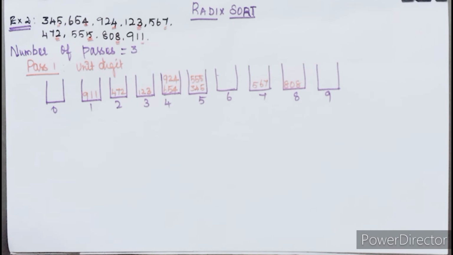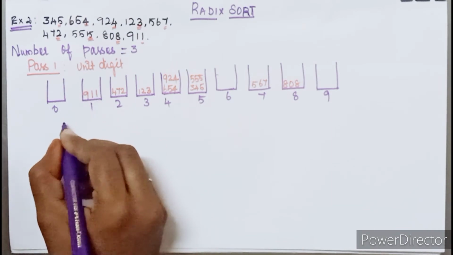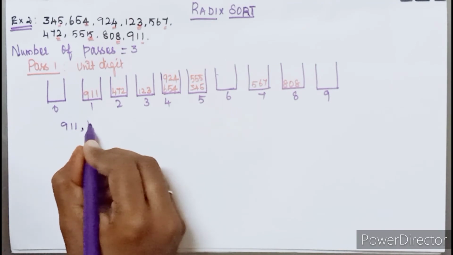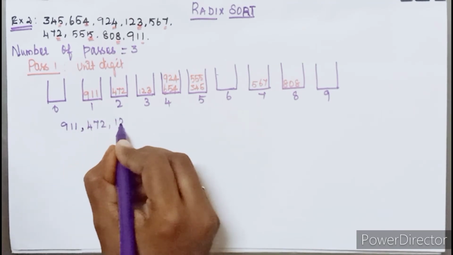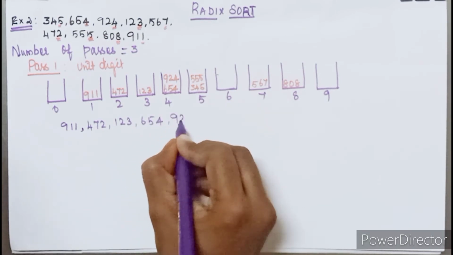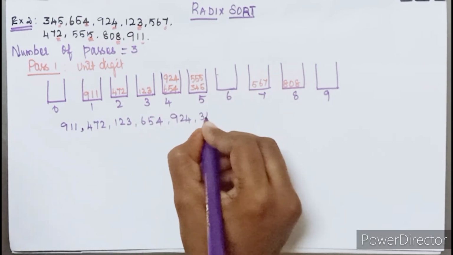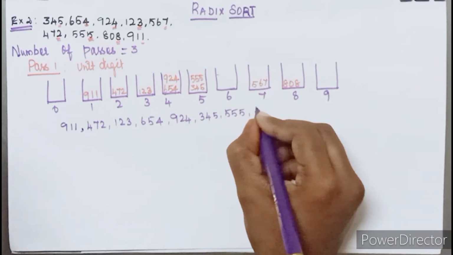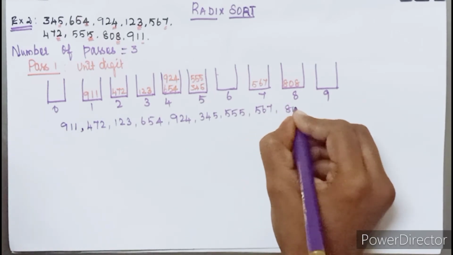So we have now traversed all the numbers, and in the next step we have to collect the numbers one after the other outside the buckets and get the list ready. Let me start from the first bucket. The numbers are 911, 472, 123, 654, 924, 345, 555, 567, 808.